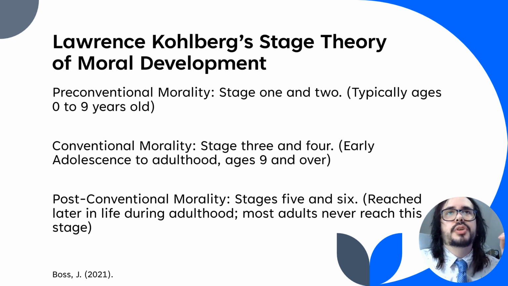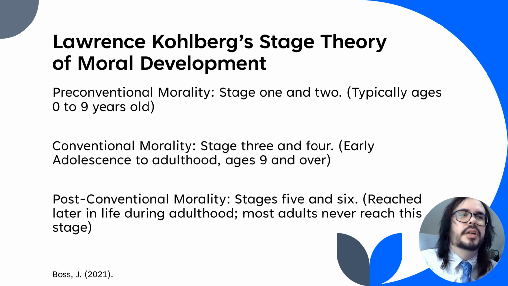The pre-conventional morality level is very young. You're still trying to figure things out. You're still a kid, right? The conventional level is your average sense of morality that people kind of land on, right? There's stages 3 and 4 there. People usually land on one of those.